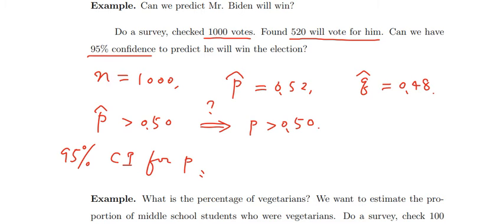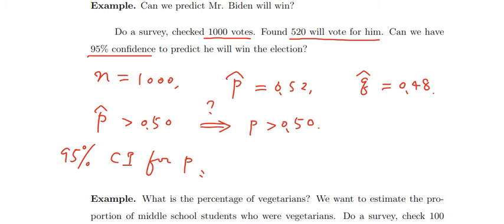This proportion p is just the population's average, and p hat is the sample's average. Our sample is just a 1-0 sample: some people say 1, some 0.